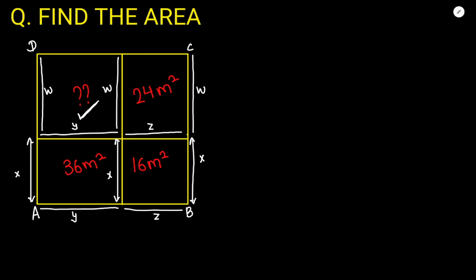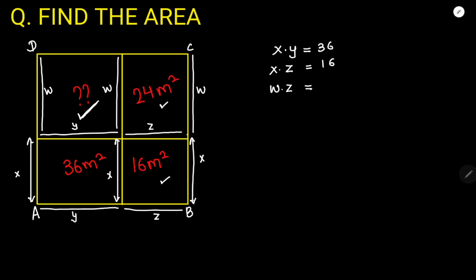What will I do? I know the area. I know that x times y is equal to 36, right? I know that x times z, this rectangle, is equal to 16, right? Okay, and I know this rectangle is w times z.